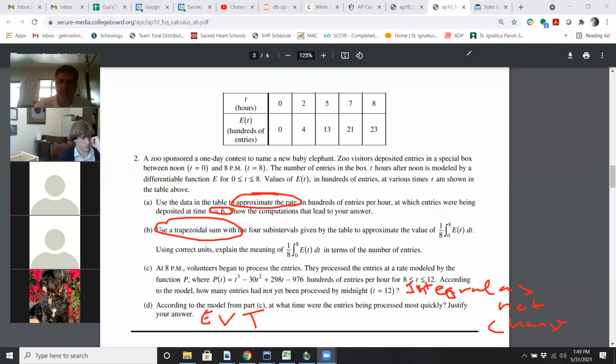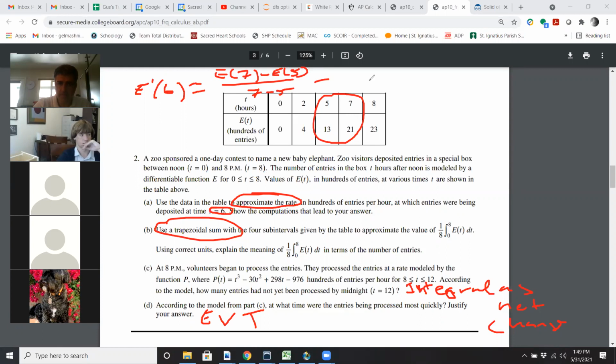If you're still working, it's totally fine, but I'll just tell you what's going on here. So if you want to approximate the rate at t equals 6, basically you want E prime of 6, which is approximately going to be E(7) minus E(5) over 7 minus 5.